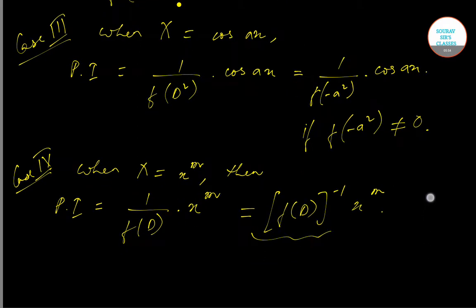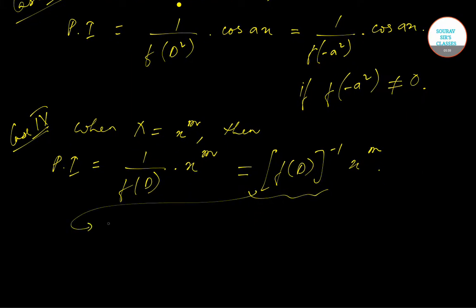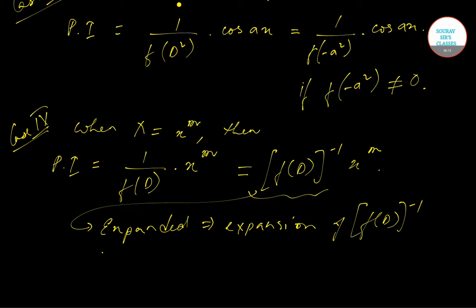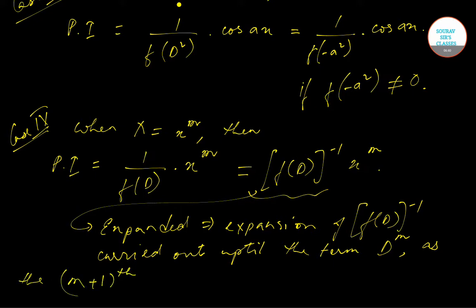Now this [f(D)]^(-1) will be expanded, and the expansion will be carried out up till the term D^m, because D^(m+1) and higher derivatives of x^m are 0.